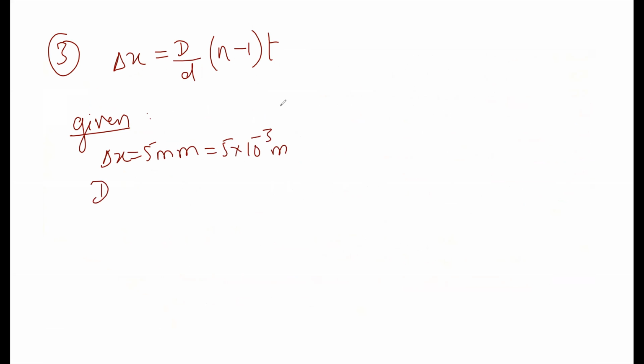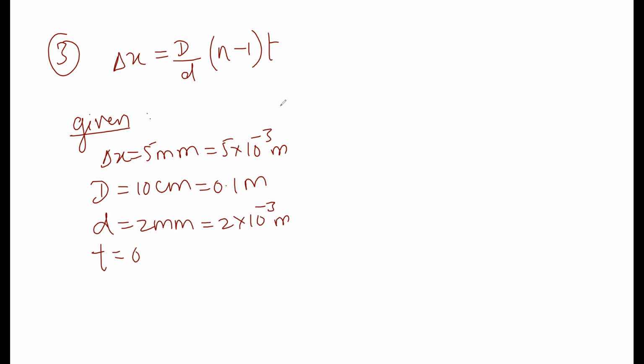Capital D value is given as 10 centimeter. If you convert into meter, this becomes 0.1 meter. Small d value is given as 2 millimeter. If you convert into meter, it becomes 2 into 10 to the power of minus 3 meter. And t value is given as 0.5 millimeter. So that converted into meter is 0.5 into 10 to the power of minus 3 meter.